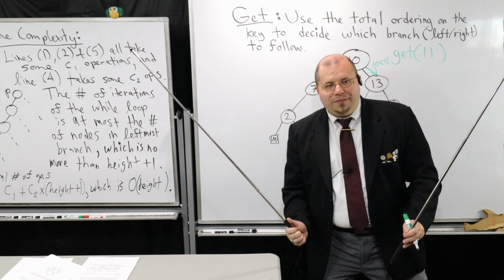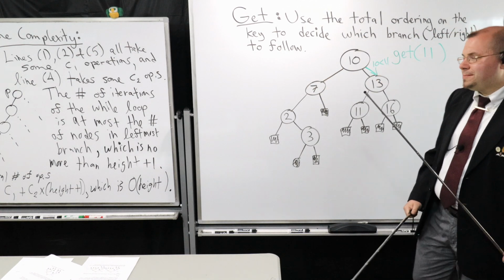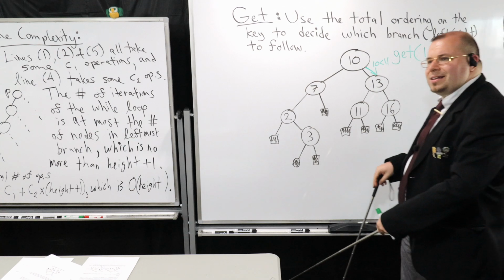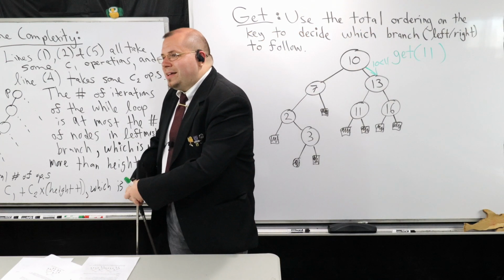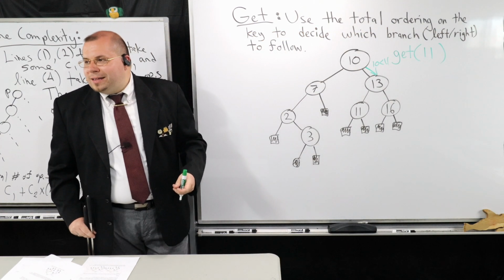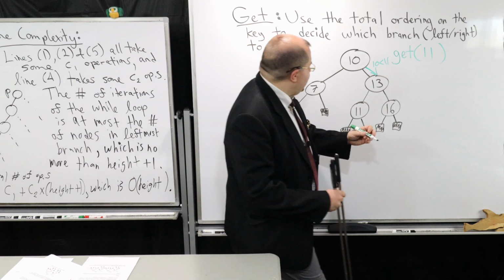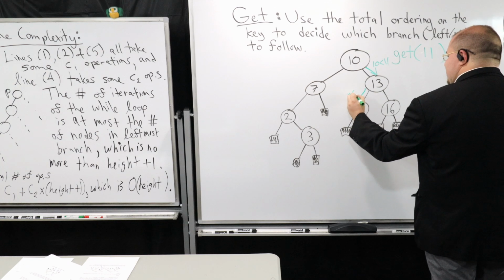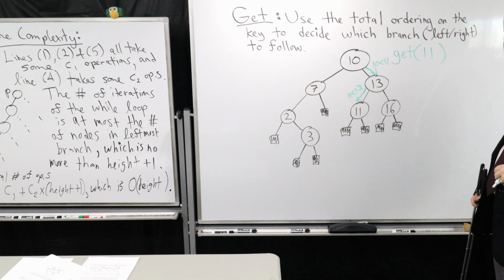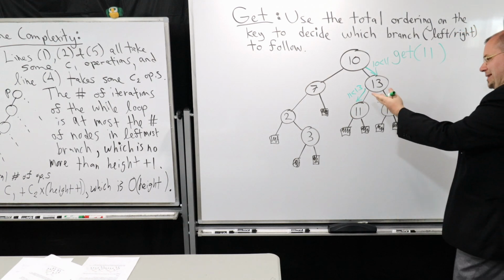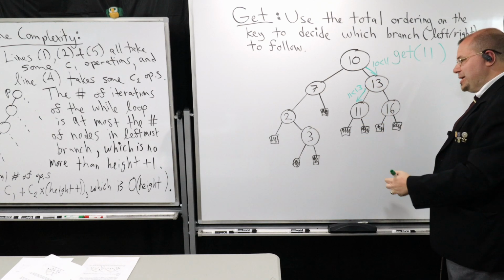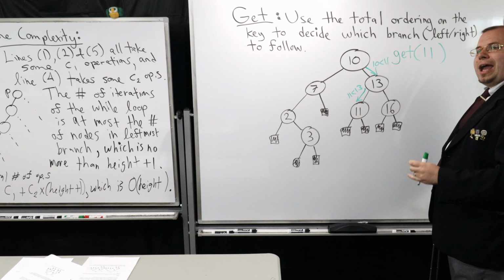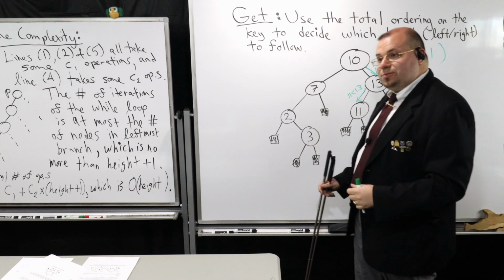Do we go left or right? This time we're going to go left, because 11 is less than 13. And now, look, 11 is 11, right? So that means we found this node and we can return it to the person requesting it.